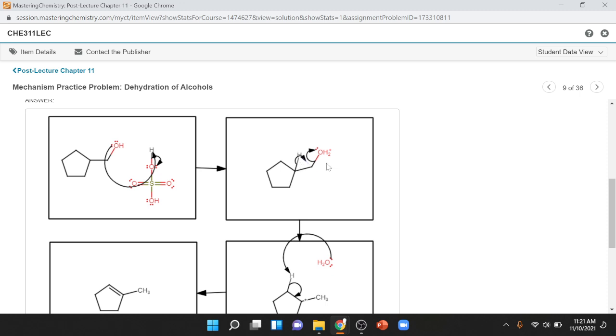And oftentimes we had actually seen this written out as two steps. But frankly speaking, for this to establish a primary carbocation, it probably would have needed to move the hydrogen electrons in essentially as soon as it established it. It's very unlikely that would actually exist for any length of time, okay?